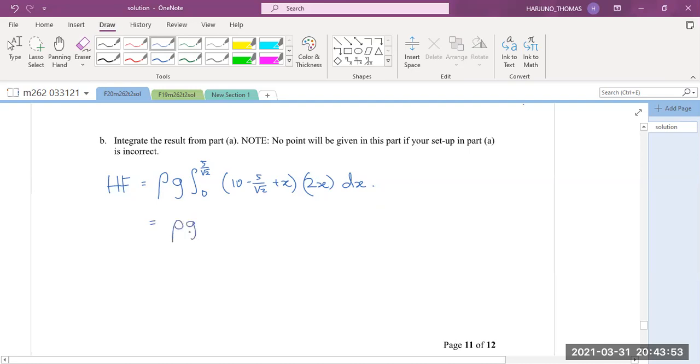That's rho g integral 0 to 5 over radical 2, 20 minus 5 radical 2 times x plus 2x squared dx.